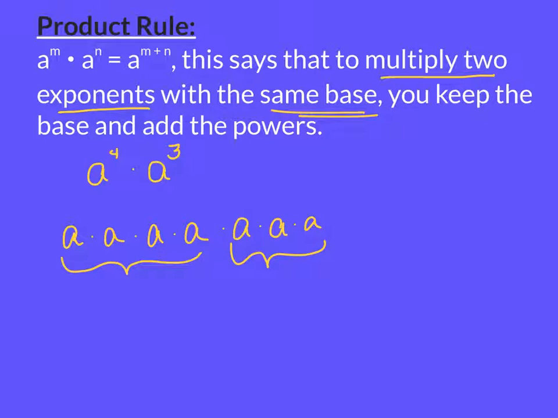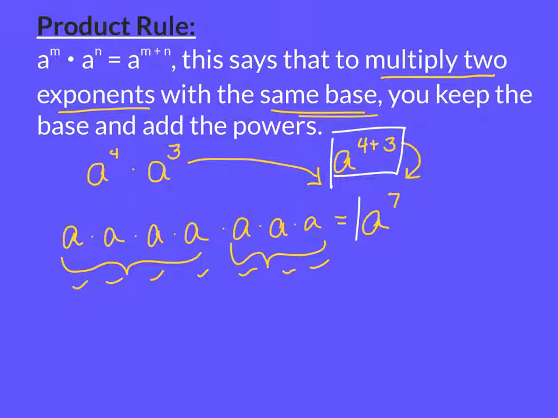So now we would count off how many a's there are: 1, 2, 3, 4, 5, 6, 7. We know that's equal to a to the seventh power. And look at that, if we actually did a to the 4 plus 3 power, we would get a to the seventh. So, as you can see, this is why these steps actually work.